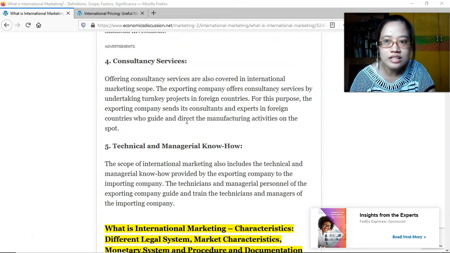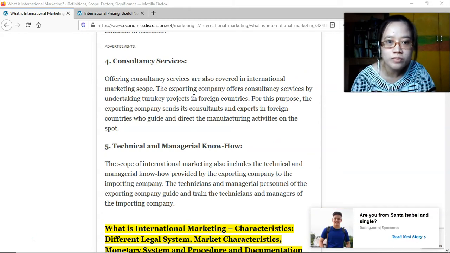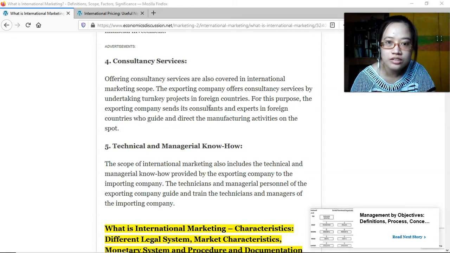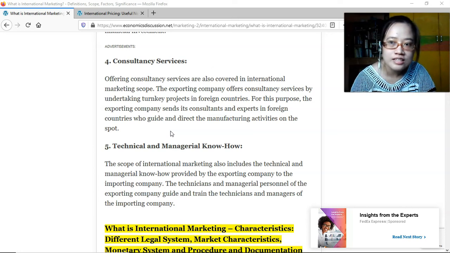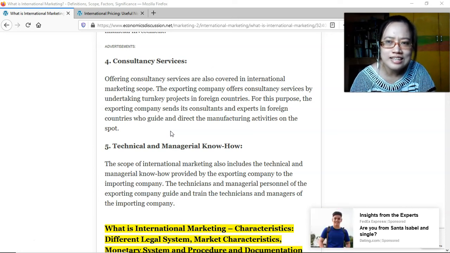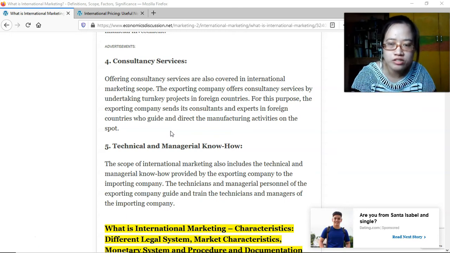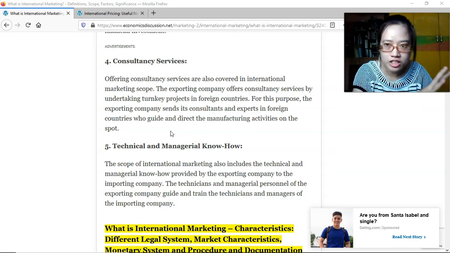Okay. Consultancy services. Offering consultancy services is also covered in the scope of international marketing. The exporting company offers consultancy services by undertaking turnkey projects in foreign countries. For this purpose, the exporting company sends its consultants and experts to foreign countries who guide and direct the manufacturing activities on the spot. So in that case, you're not actually bringing your own business to another country, but you are setting up another business in that country.